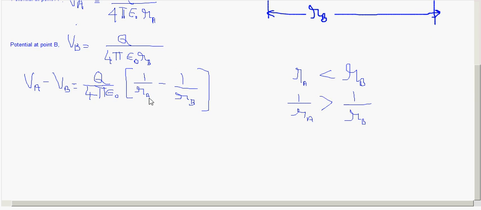Therefore, 1 by RA minus 1 by RB is always positive, because 1 by RA is greater than 1 by RB.